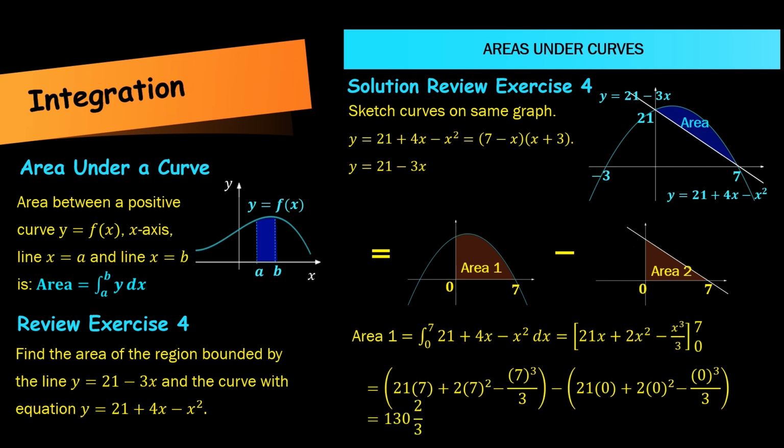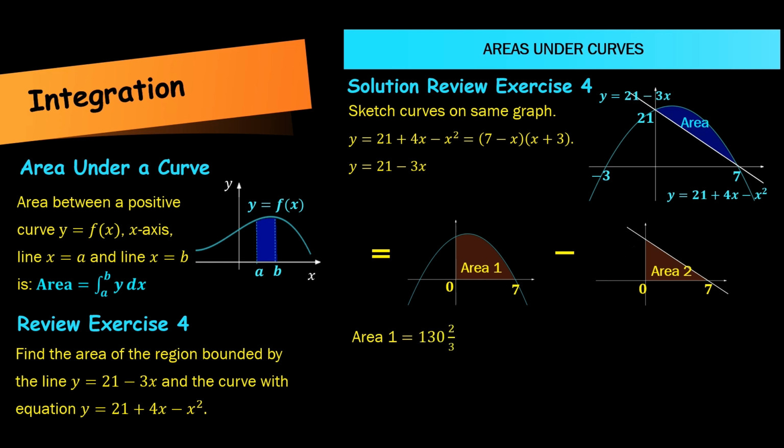And calculating this gives us 130 and 2/3. So this is area 1. And now for area 2. This time we're integrating again between 0 and 7, but this time we're integrating the expression 21 minus 3x dx, as shown here.